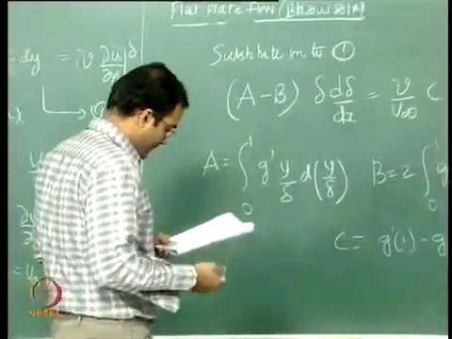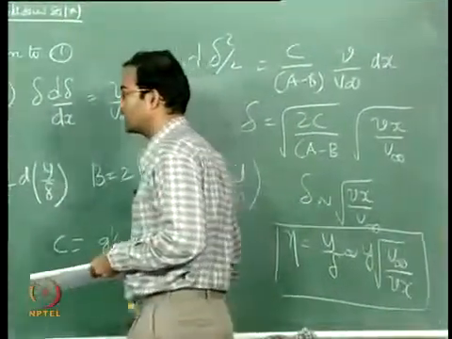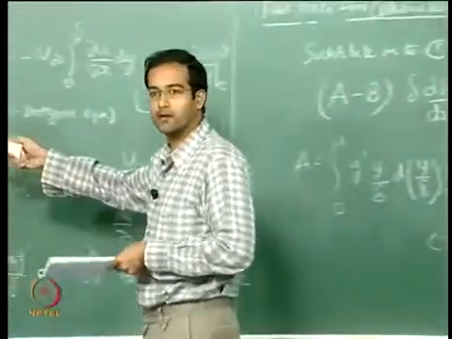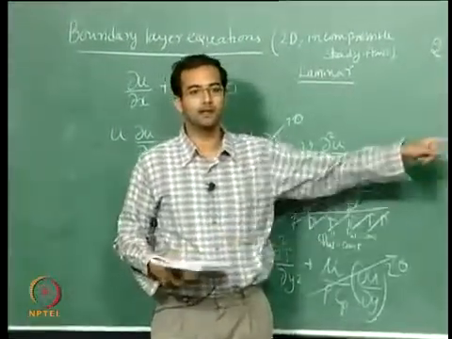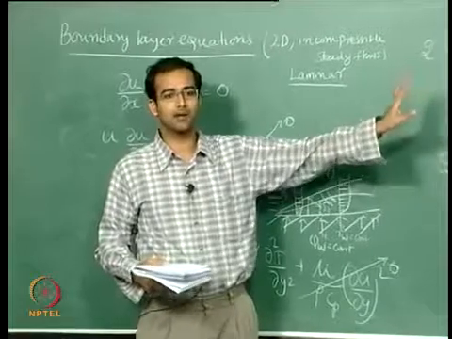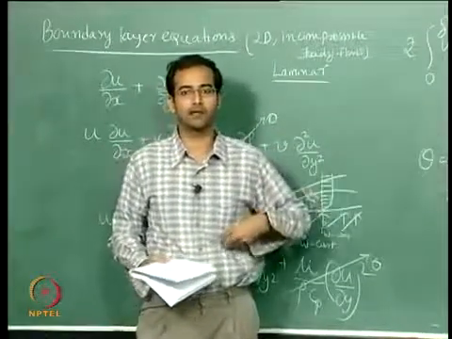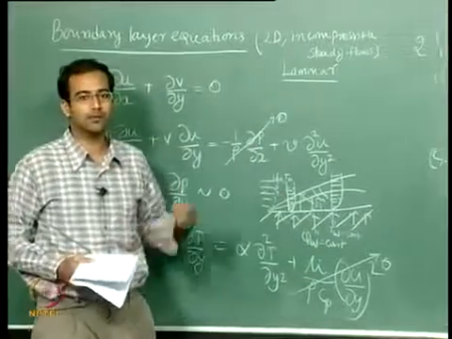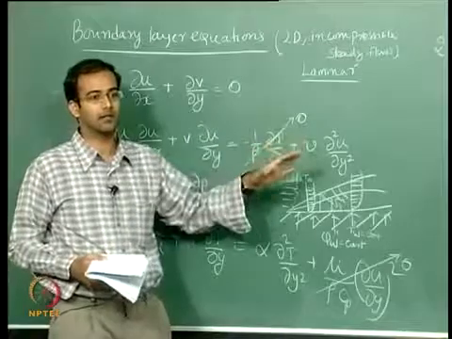Now what I am going to do is introduce a similarity transformation. Still I have not converted the PDE into ODE, and still I do not know whether this similarity variable is correct. This is just what Blasius has assumed. So what is the check that this variable is correct? When we substitute that variable into the PDE, it should get converted into an ODE.